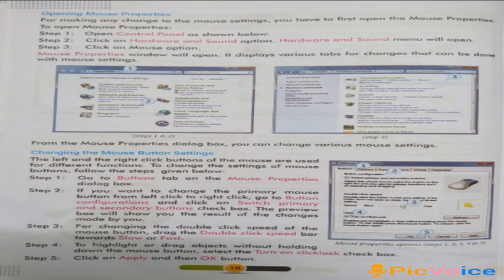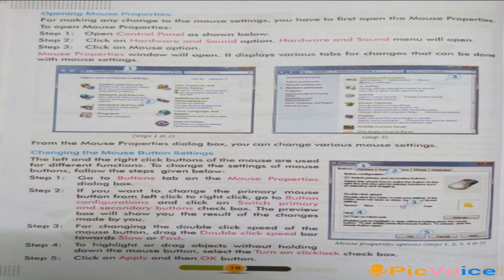Page number 18. Opening mouse properties. Before making any change to the mouse settings, you have to first open the mouse properties. To open mouse properties, Step 1. Open control panel as shown below. Step 2. Click on Hardware and Sound option. Hardware and Sound menu will open.